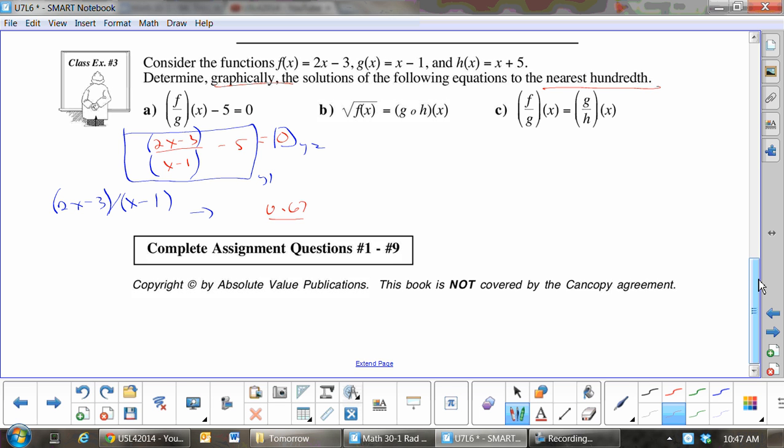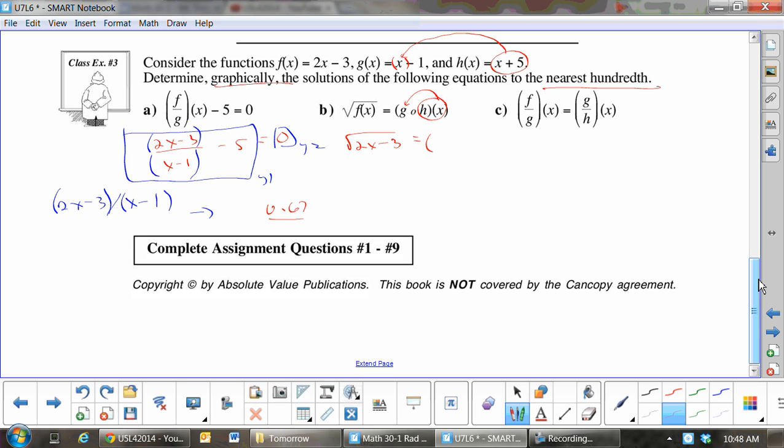Okay, next one. What would I put into y1? What is root f of x? That would be root 2x minus 3. Who remembers what this means? Put h of x inside g of x. Remember that? That is not multiplication. So I'm going to take h of x and put it right in there. Okay?